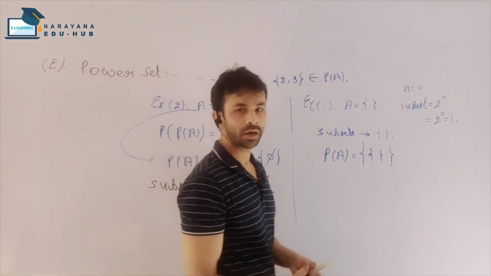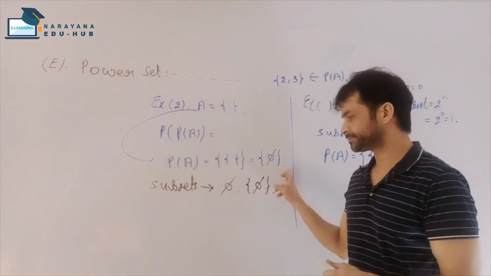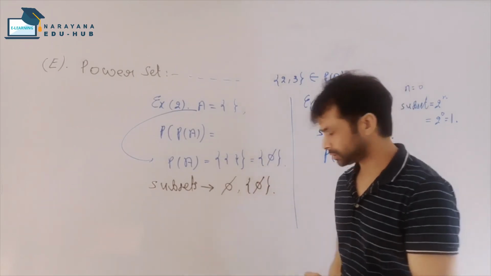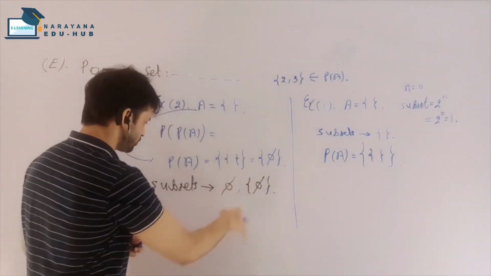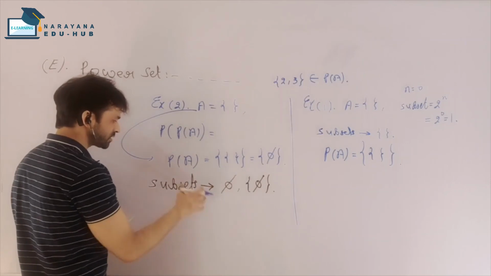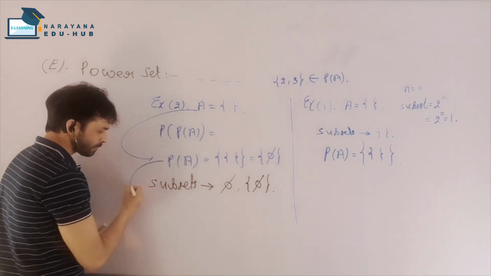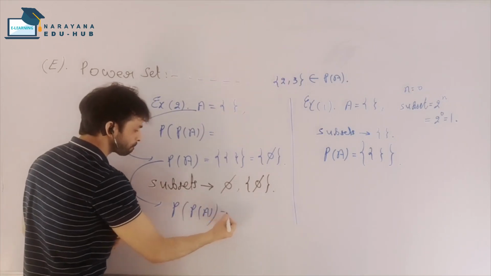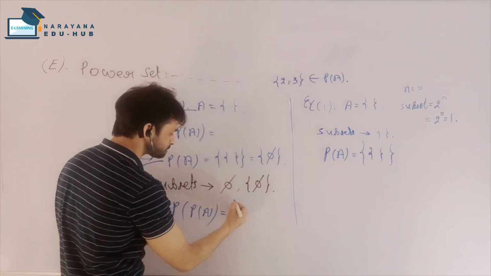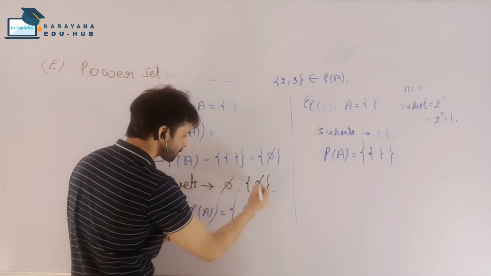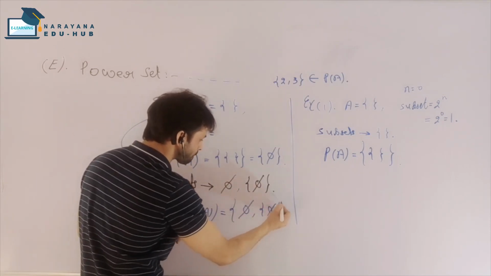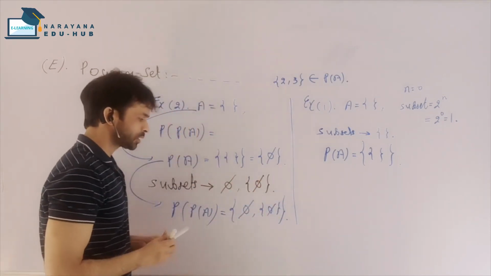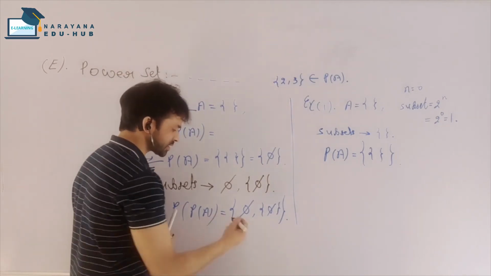Right? Okay. So this, the set itself. Okay. So now, power set of this means set of this thing. So P of PA means set of this. This. So this is the right answer.